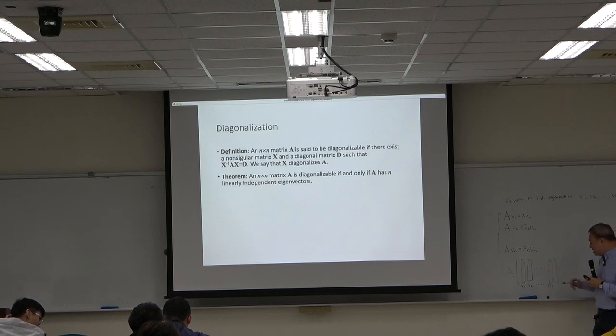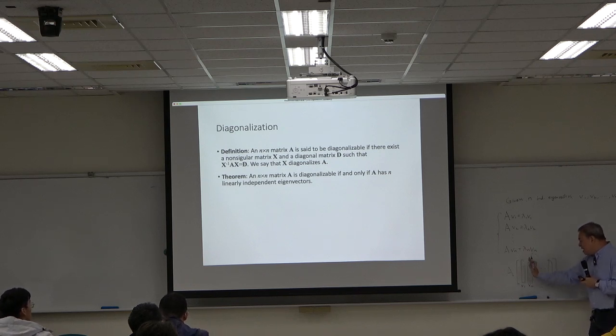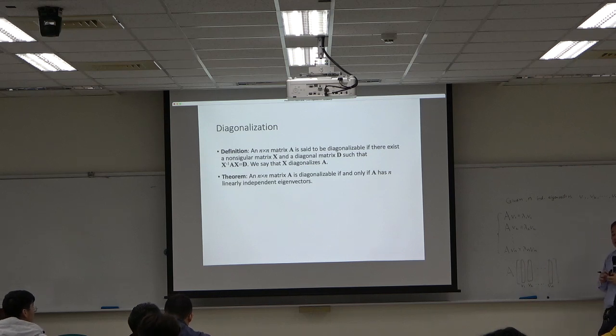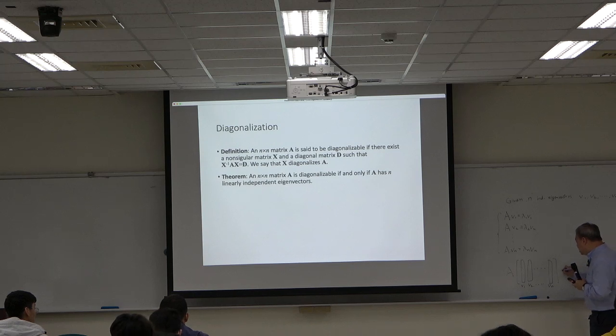We have n columns, so you just let these n eigenvectors be the n columns. And then this one will be what?